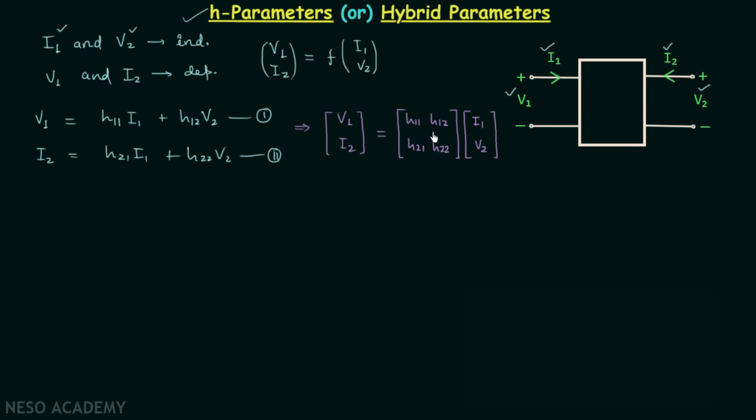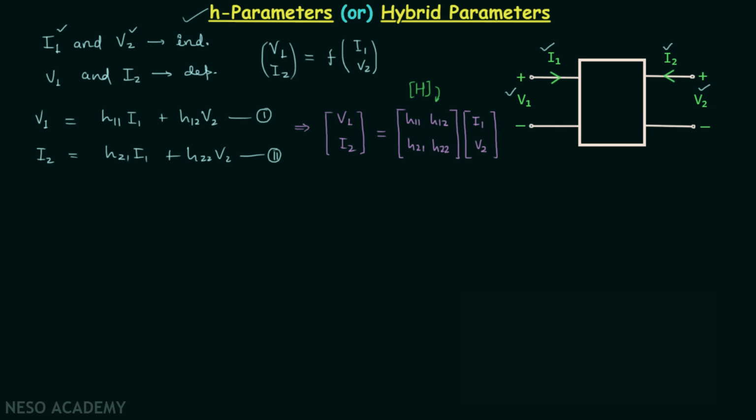And this square matrix is known as H parameters matrix, and we represent it like this.